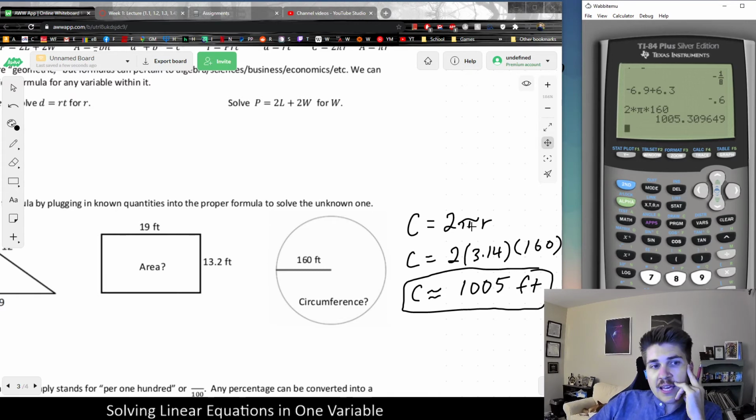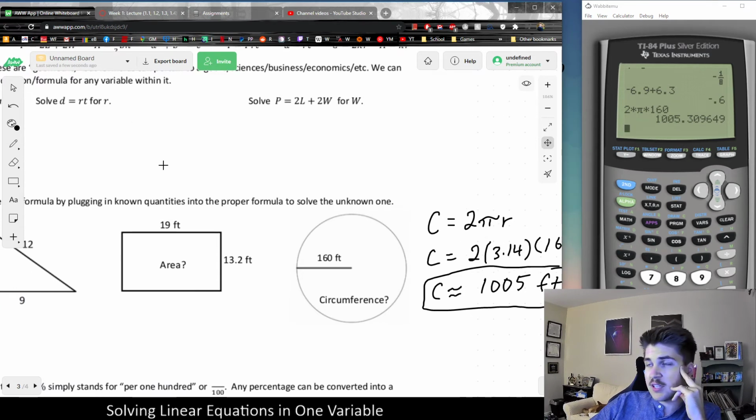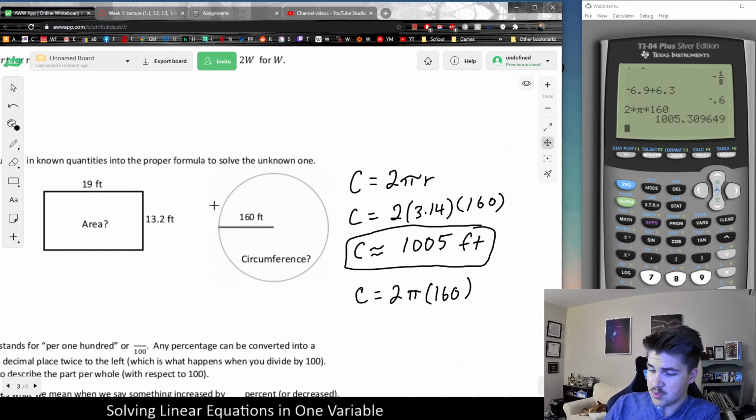But you can also leave your answer exact. If you're wondering how to express this as an exact answer, the only way to do that is to leave pi where it is. So basically, C is equal to 2 times pi times 160. And I know what 2 times 160 is, that's just 320.